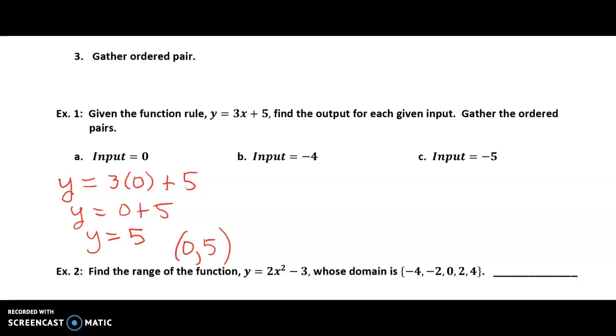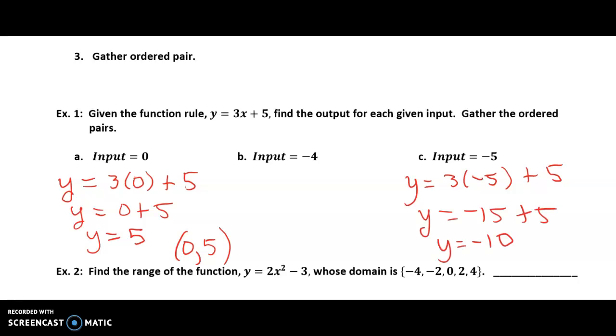Let's skip over to part C, where there's an input value of -5. Again, that input value is our independent value, our x value. We're going to plug that -5 in for x. To find our output value, we're going to evaluate, meaning we're going to do the operations on the right.